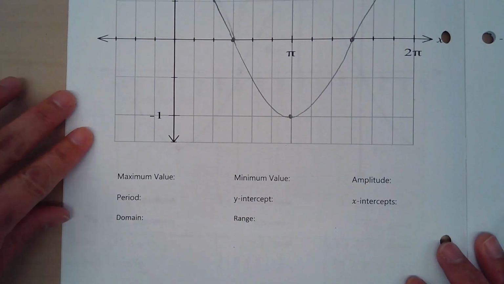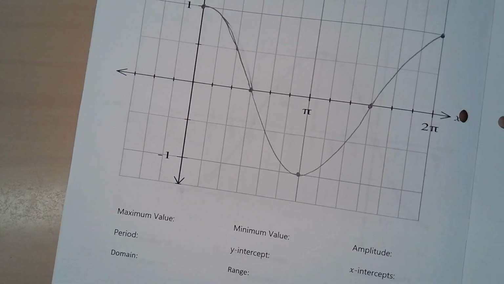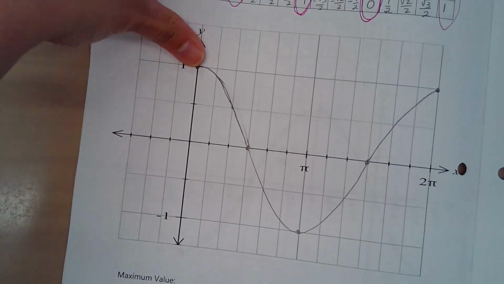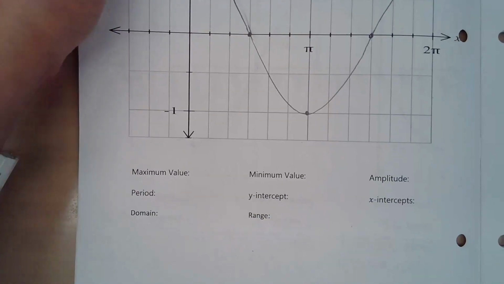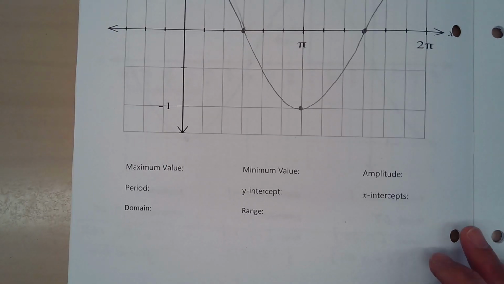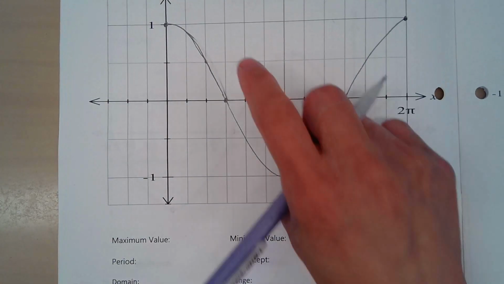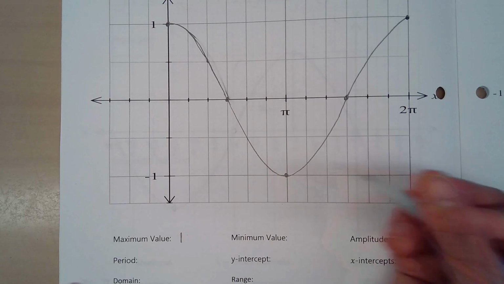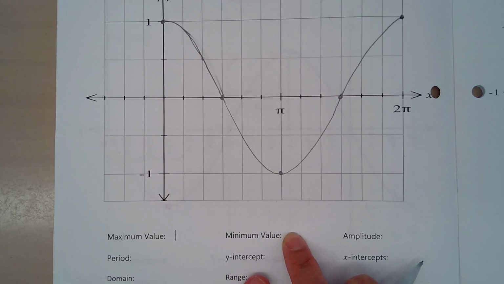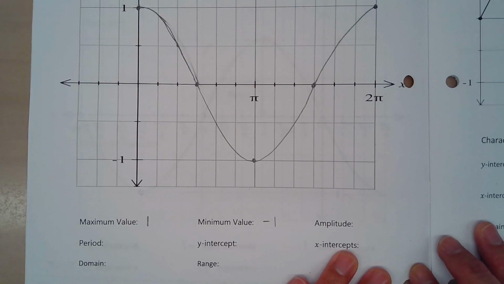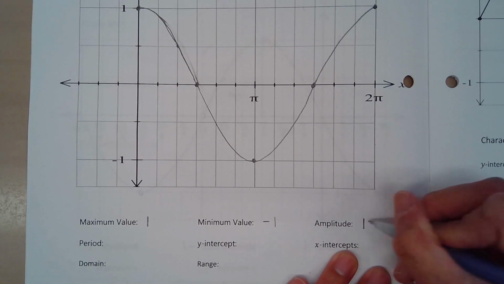Okay, now let's take a look at the maximum and minimum value characteristics. What's a maximum value? Maximum, that's the highest, is positive 1. What's a minimum? Negative 1. Amplitude, 1.